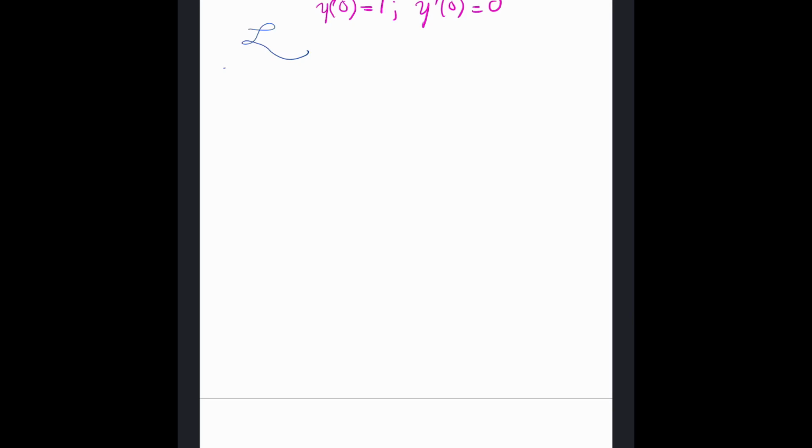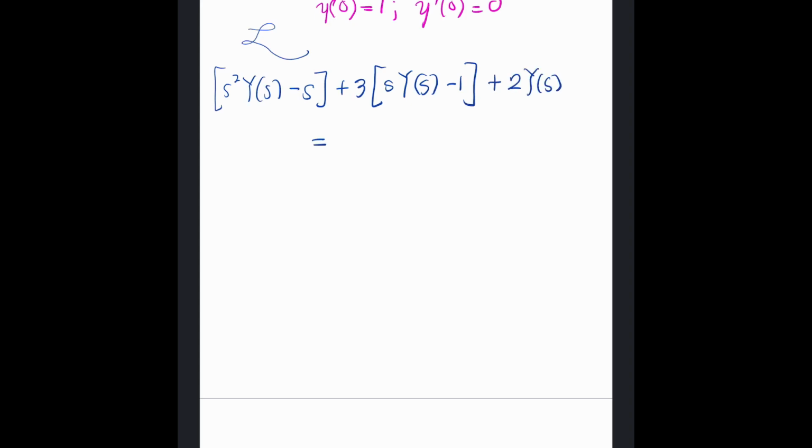So this becomes s squared y of s minus s plus 3 sy of s minus 1, we know the drill, plus 2y of s equate to, what is Laplace of cosine x? It's simply s over s squared plus 1.